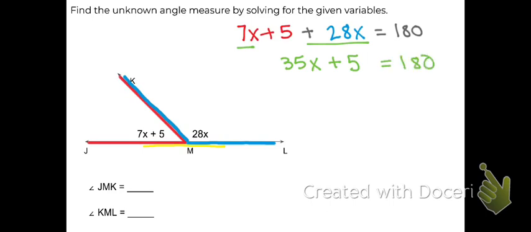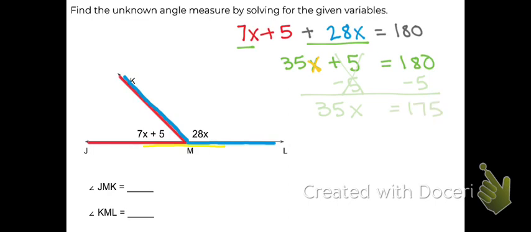Now I'm going to solve for x. The first step is to move what is added or subtracted to that variable to the other side. So I'm going to move that plus 5 to the right side by doing the opposite of adding, which is to subtract. If I subtract that from both sides, I end up with 35x equals 175.